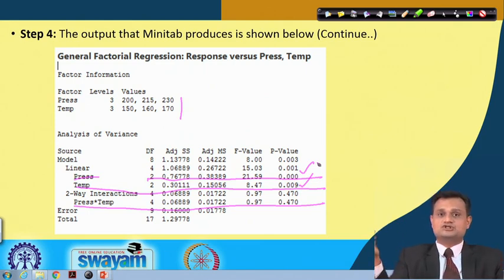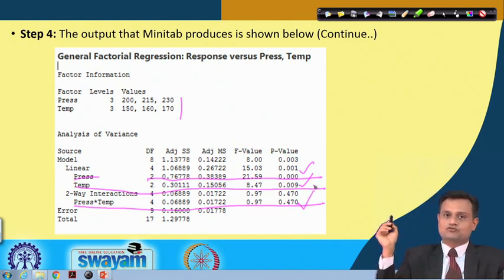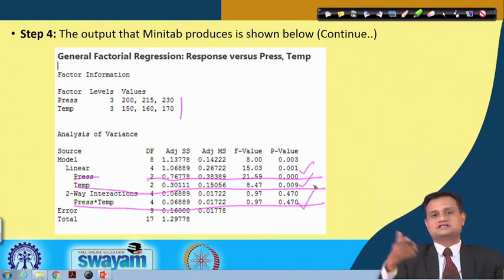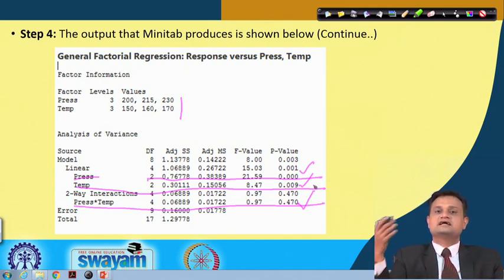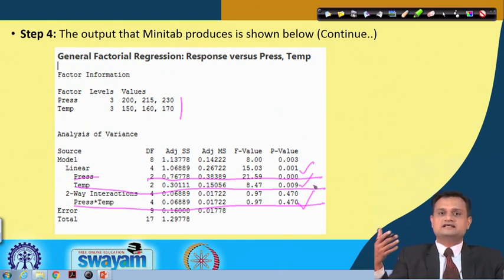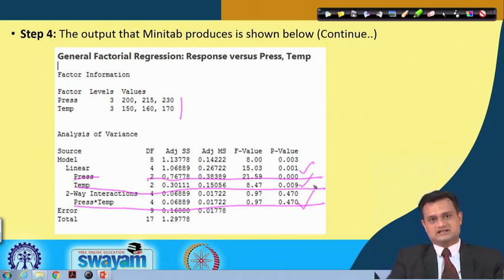Pressure temperature interaction. Now interestingly, you will see that this value is much higher than my 0.025. So basically it falls in the acceptance zone, and I will accept my null hypothesis and say that the interaction effect is not prevailing. So the interaction does not have statistically significant impact on my response.